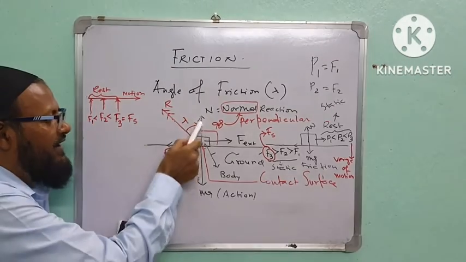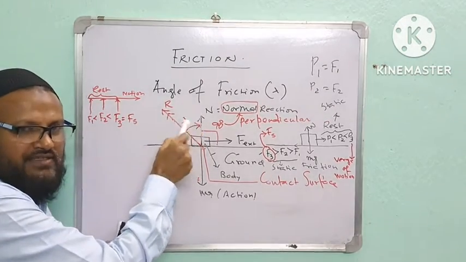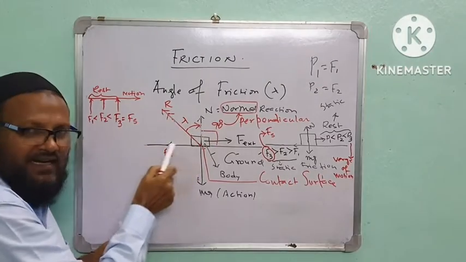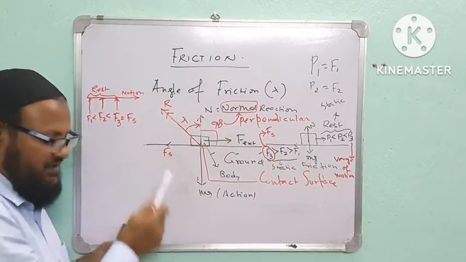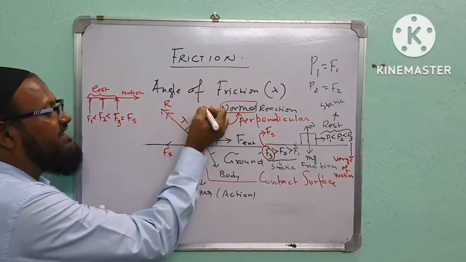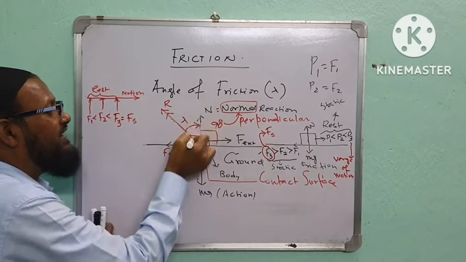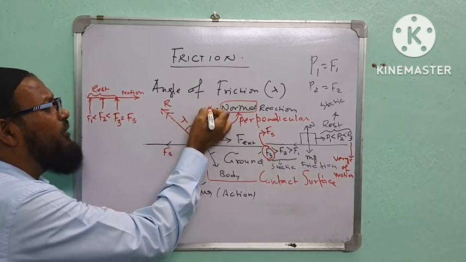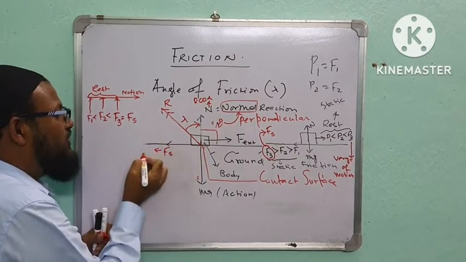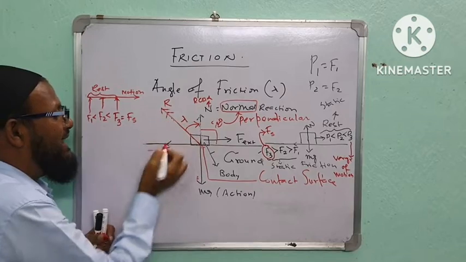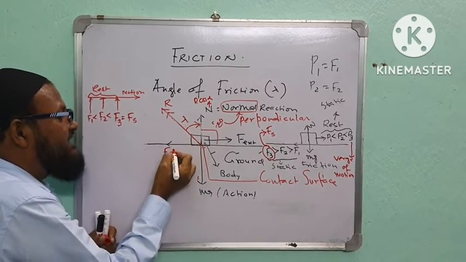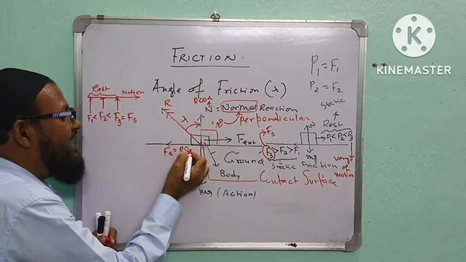The angle is known, so the component is the cos component. So this is R cos lambda, and this is R sin lambda. R is divided in this direction. This component is R cos lambda, and the component in this direction is R sin lambda.